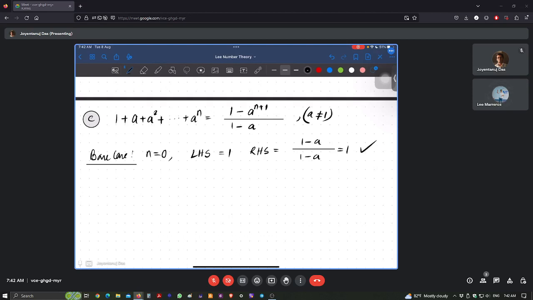Now, the inductive hypothesis. n is 0, that's fine. So n equals to k, we will assume it is true.